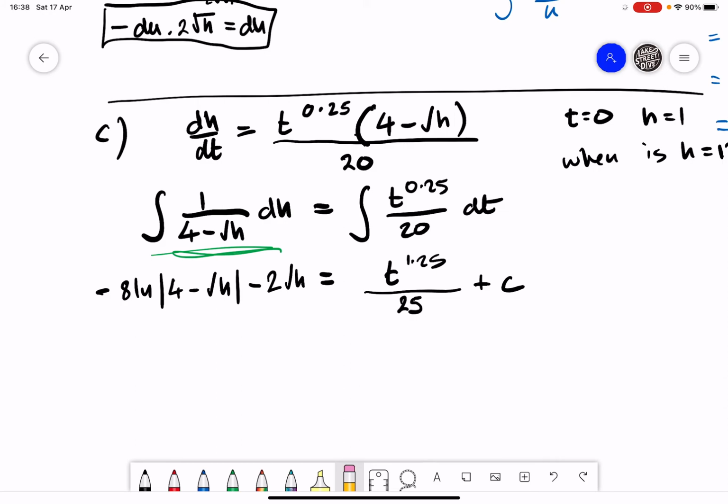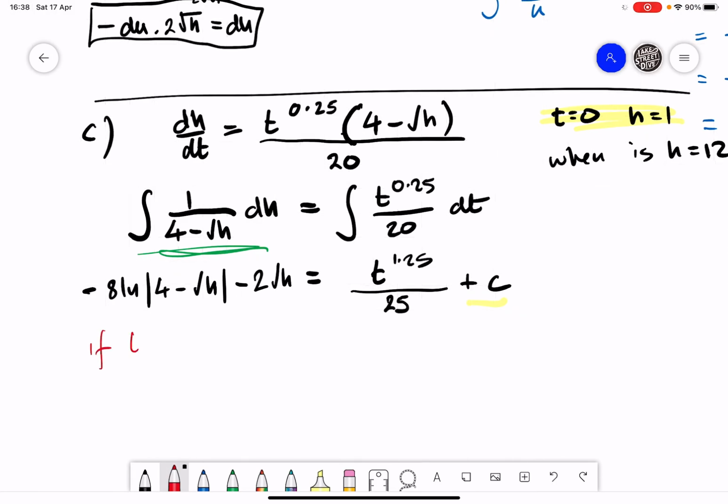We need to find out what c is, and to do that we're going to use the information we have up here. If t equals 0, h equals 1. So substituting in 1 for the h values, minus 8 log 3 minus 2 equals c. Okay, I think we're happy with that.